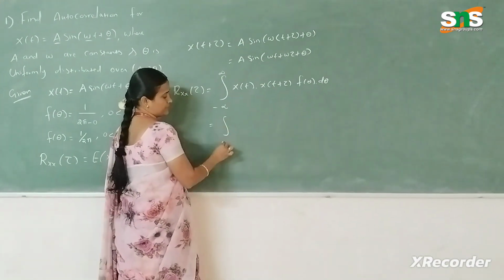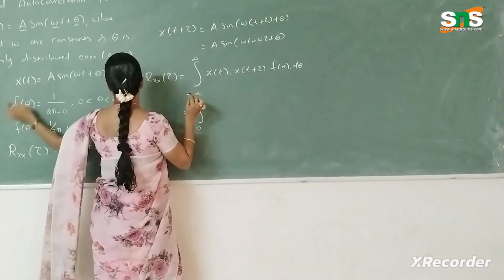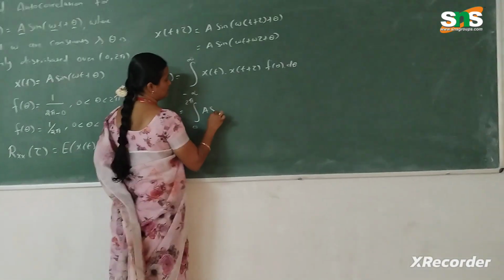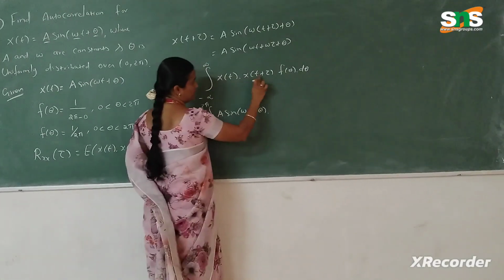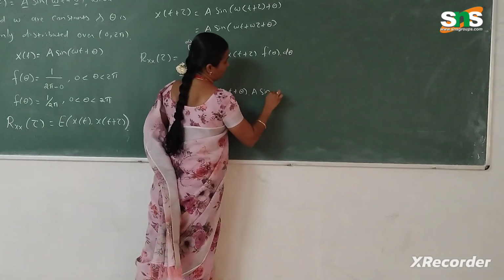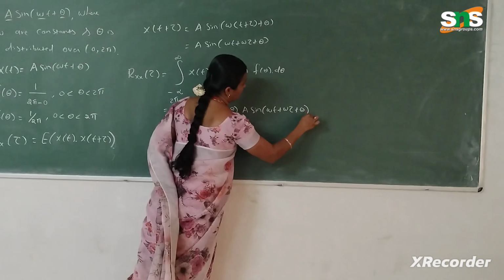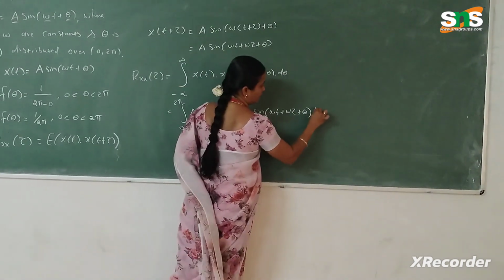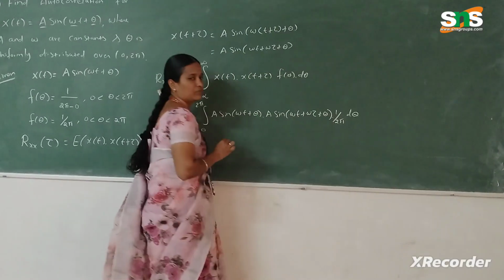Here the limit varies from 0 to 2 pi. x of t is your given question, a sin(omega t plus theta). x of t plus tau is a sin(omega t plus omega tau plus theta). f of theta is 1 by 2 pi, the PDF, into d theta.